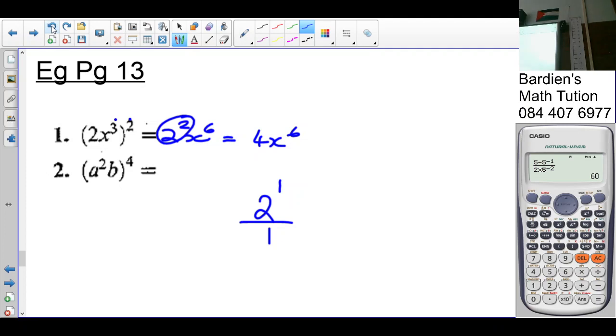What will the next one be? A to the exponent 8. Not 6. Somebody's saying 6. Who's saying 6? She's saying it's not 6. Okay, now how do you get 6? You add it. But what's the rule?